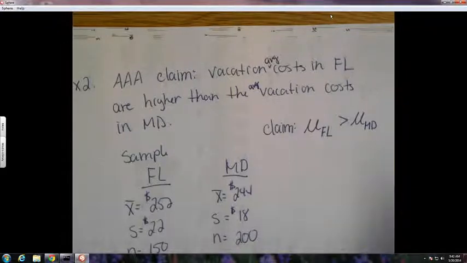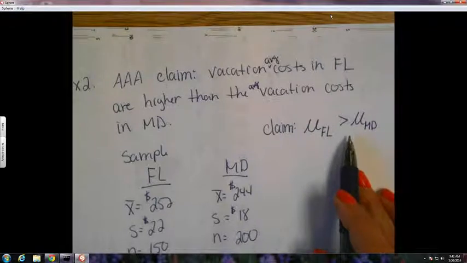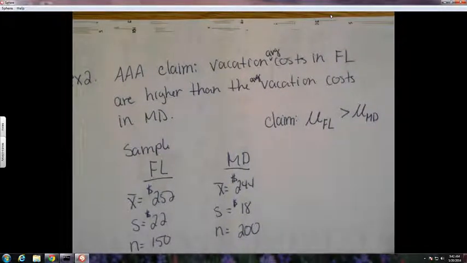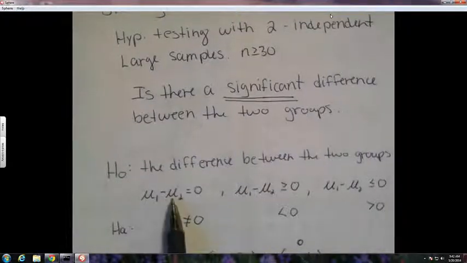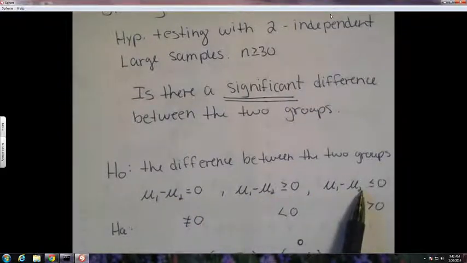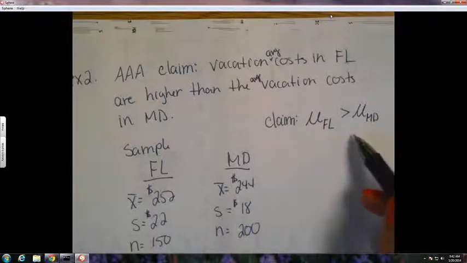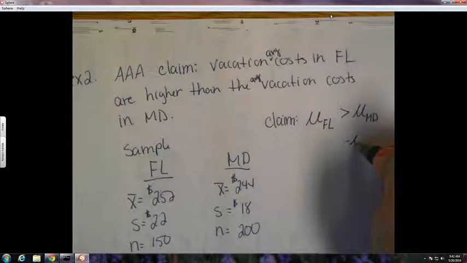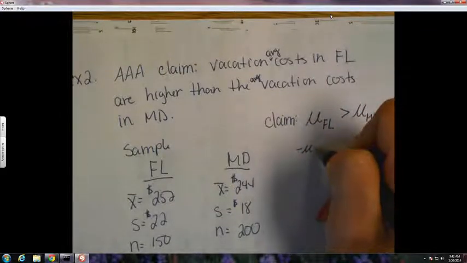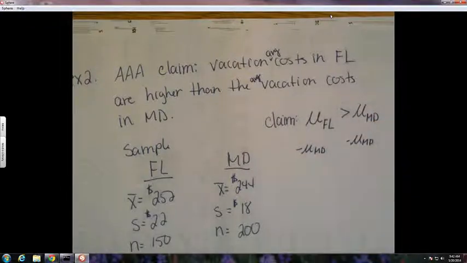Okay? I can't leave the claim this way. I have to rewrite the claim as a difference between the two, comparing the difference. So the real claim is after I shift this over by subtracting it on both sides. I'm going to subtract the mean from Maryland from both sides of this inequality and use that as my real claim for the test.